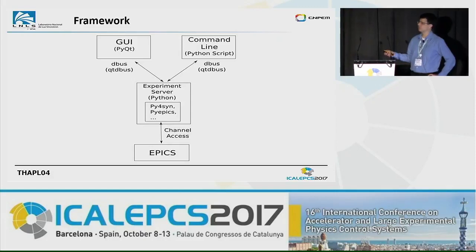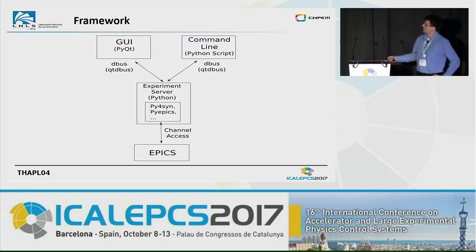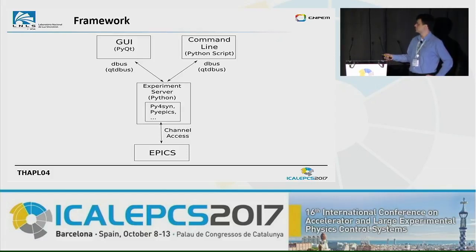At the moment we are using PyQt5. And a direct command sent by command line from the Linux CLI. Inside this server, we use our PyForcing library, which internally uses PyEpics to directly access the EPICS PVs.